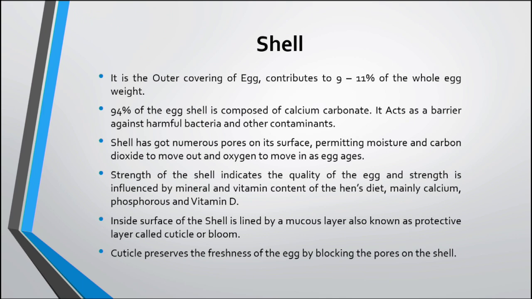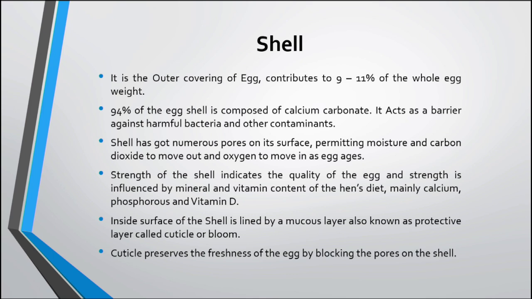Some shells are glassy, others dull. Some may be smooth and others may be rough. The pores are thousands of small holes which allow gases to pass in and out of the egg. The air is needed for the growth and development of the embryo.